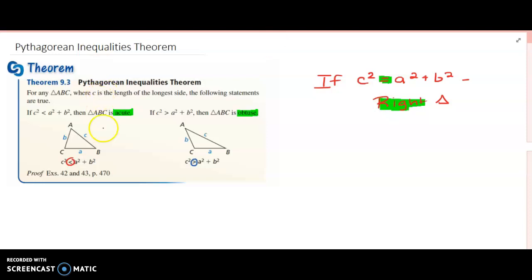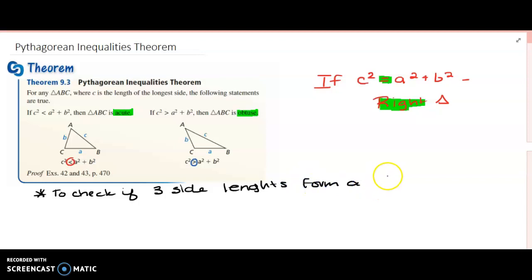Okay, now before we can do this, we need to know how to check if three side lengths form a triangle.